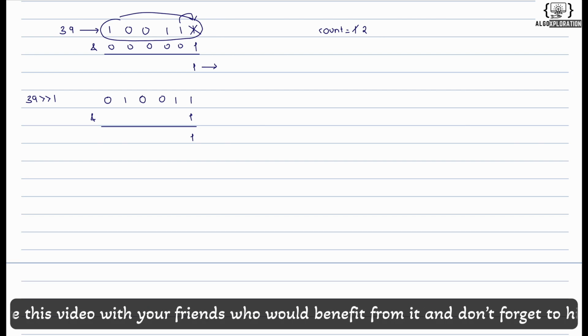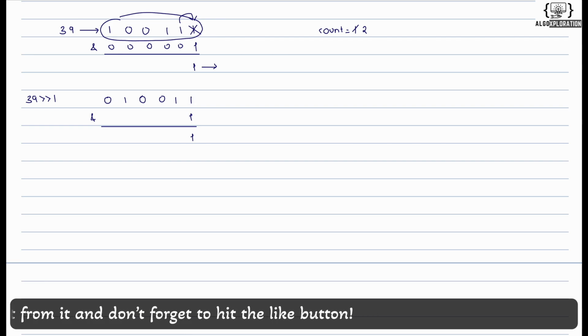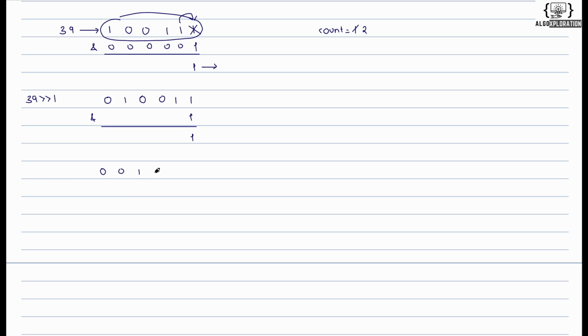Again, I have to right shift this value by 1 time. So if I do this, I will be getting 0 0 1 0 0 1, right? Again do AND with 1. So again I will be getting answer as 1.